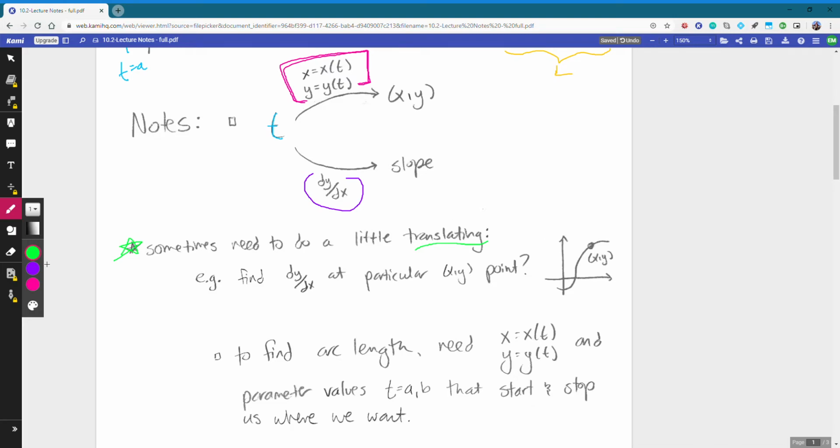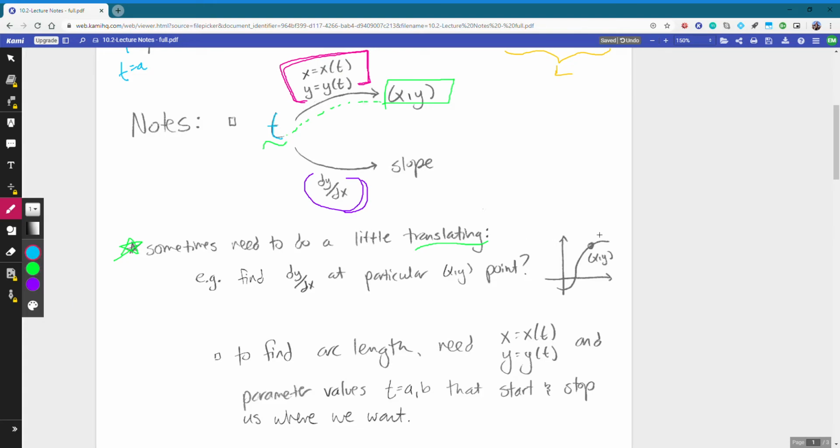And so sometimes, depending on what question we're asked, we need to do a little bit of translating in order to answer it. So an example of something like this would be, let's say we have our curve, and we actually want to know, hey, what is the slope at this particular xy point? Maybe it's like 2, 3, or something like that. Well, if we think about our slope of the tangent line formula, we can't hand it an xy point, we can hand it a t. All right, and so if what we know is an xy point, well, then we first need to translate that into a t value.